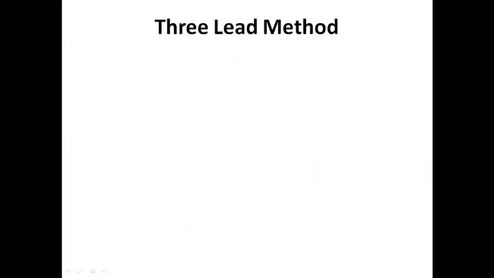Now we are going to speak about another method, which is the three-lead method, and from its name we are going to add a third lead here, which is lead 2. But the question that would be raised in our mind: why? Why do we need a third lead?